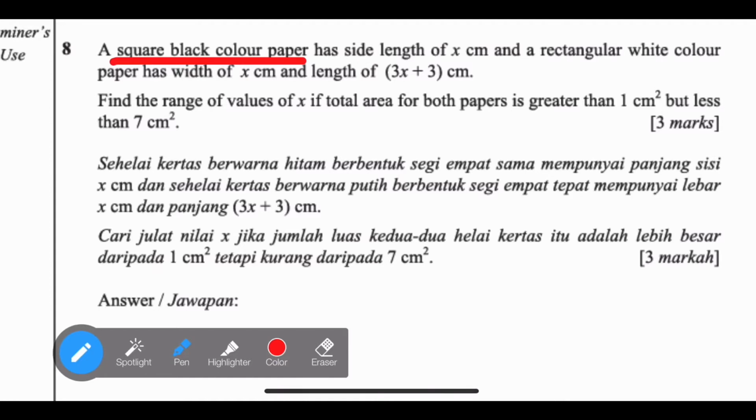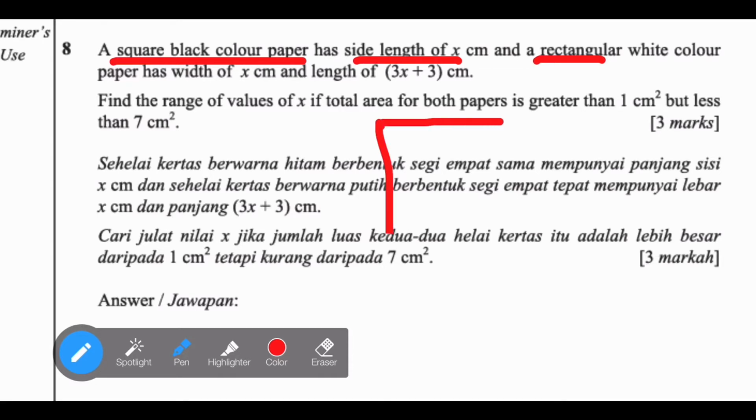The keyword is square. Maybe you can label the side length as x centimeter. You can sketch out later. Rectangular is also another keyword. The width of the rectangle is given as x centimeter, and the length is given as 3x plus 3 centimeter.